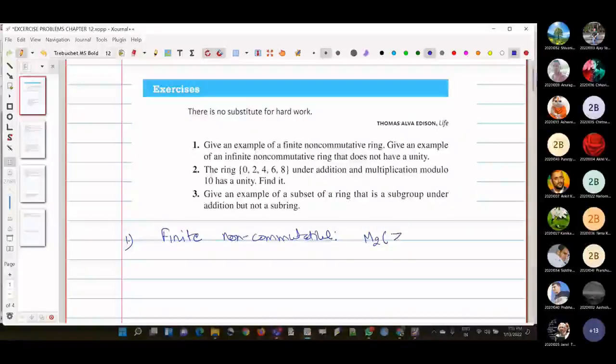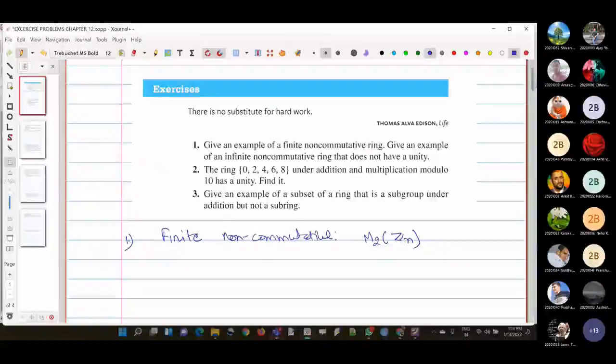Because we want finite, we can select the entries from Zn. Here we are considering the elements from Zn.